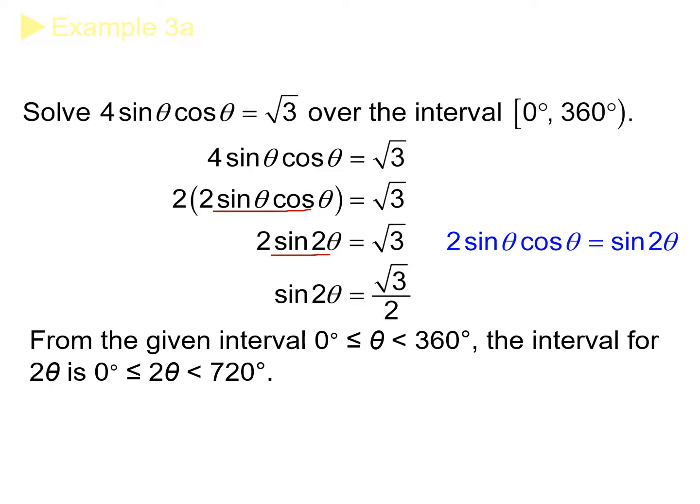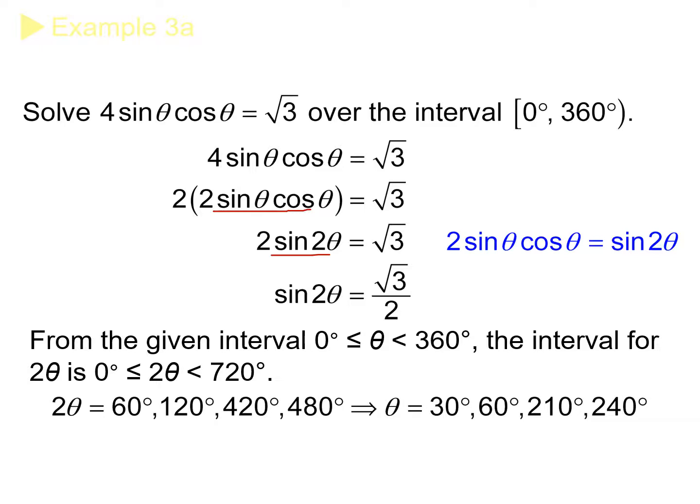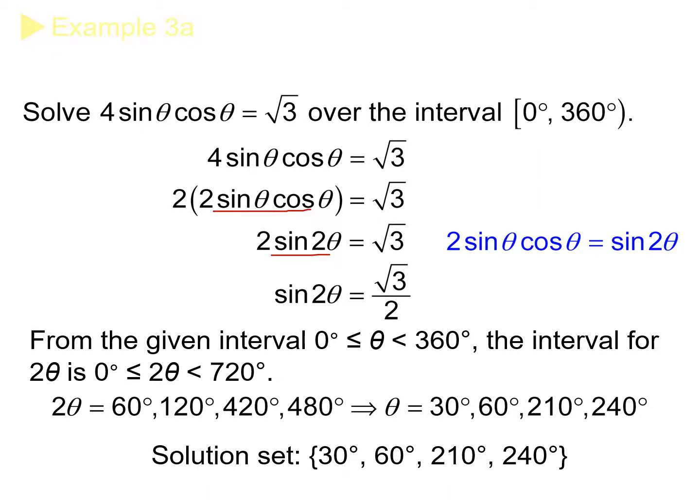And on the interval from 0 to 360, 2 theta goes between 0 and 720. So 2 theta has got to equal 60, 120, 420, or 480. So theta is 30, 60, 210, or 240. These are the values where sine of 2 theta is equal to root 3 over 2. So my solution set is 30, 60, 210, and 240.